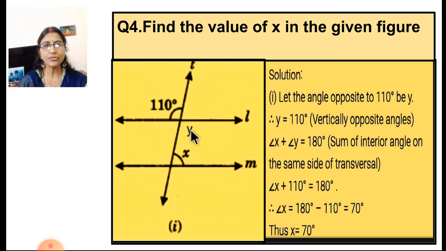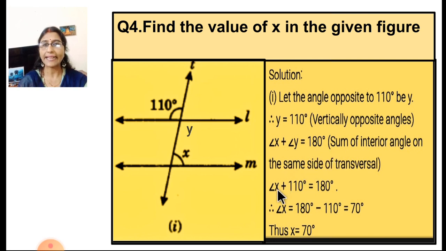Now we will see these two angles, angle x and angle y, they are on the same side. This is the transversal, you can see here, they are the interior angles and they are on the same side of the transversal. And we know the sum of interior angles on the same side of a transversal is supplementary. So angle x plus angle y is equal to 180 degrees.